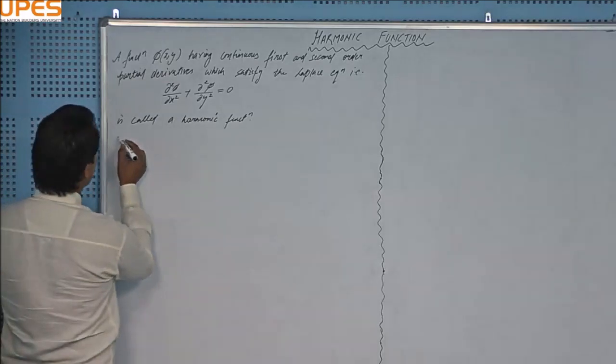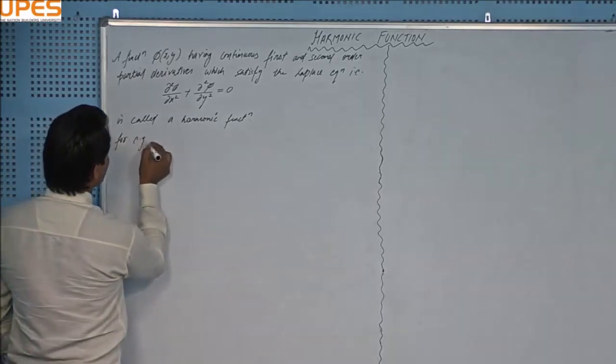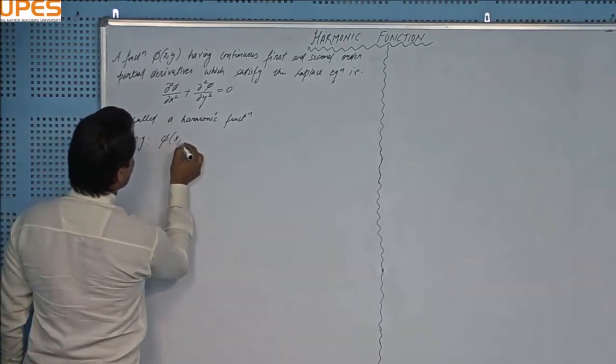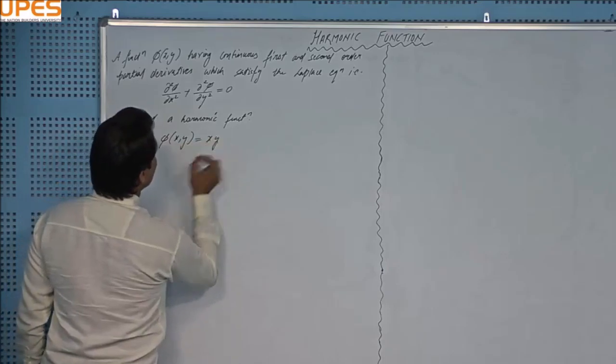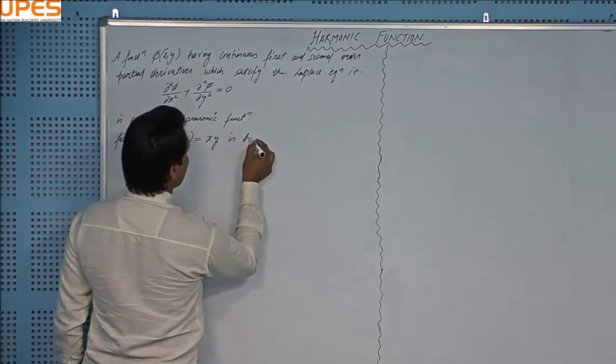And let me take an example of it. For example, phi(x, y) equal to xy is harmonic.